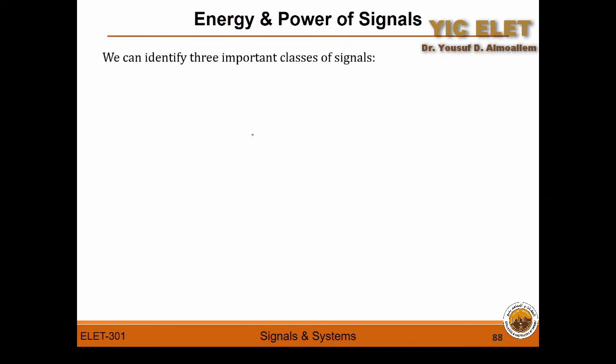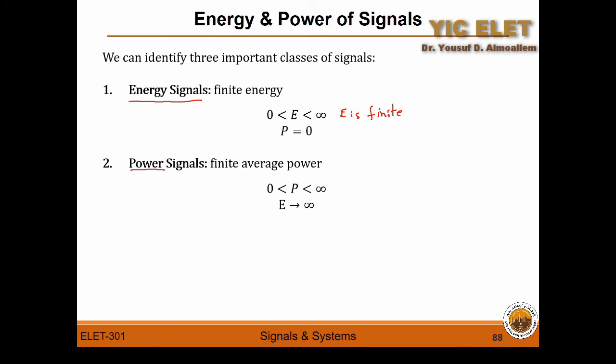To summarize what we have discussed today, we have three important classes of signals. The first one is the energy signal, in which the energy is finite, so E is a finite number. The second category is called power signals, where power is finite.